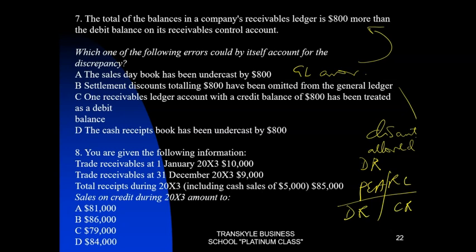Discount allowed is an expense to the business because we are allowing our customers to just take goods at a reduced value.